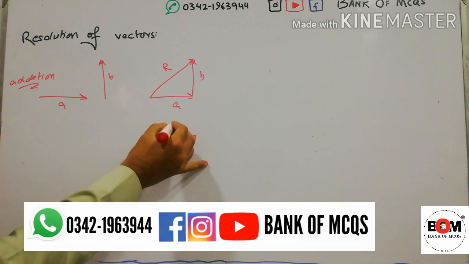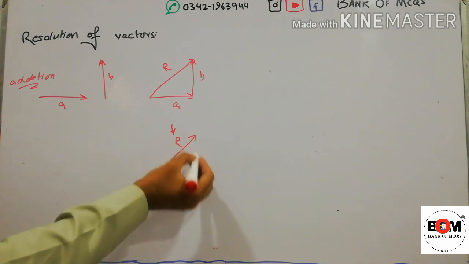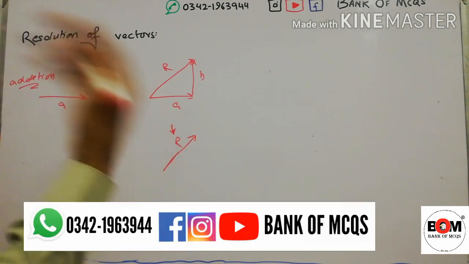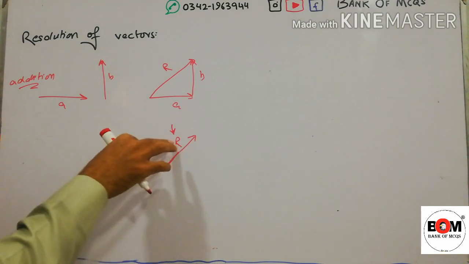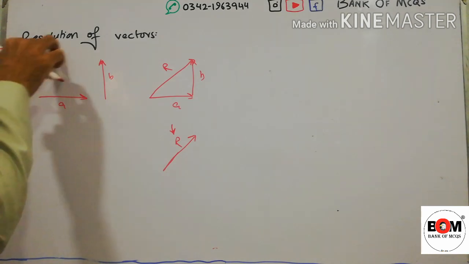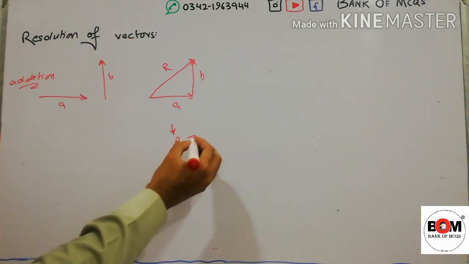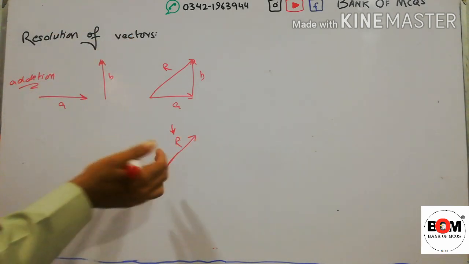If they give us the resultant and ask us to find its two vectors, or to resolve a given vector into its components, this process is called resolution of vector. How will we find its two vectors?